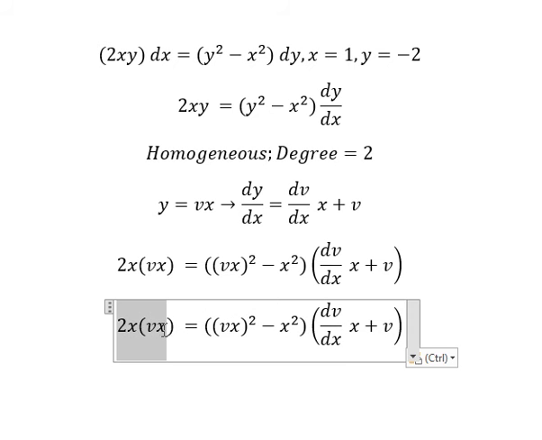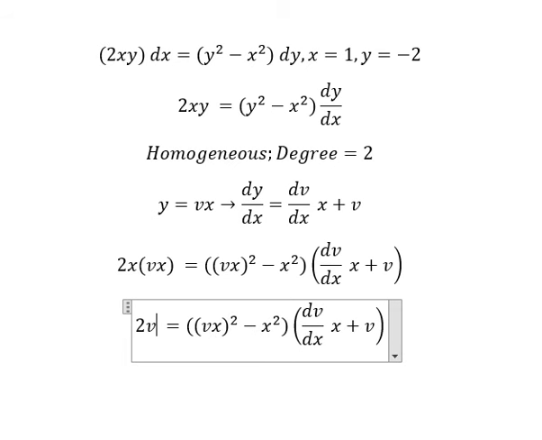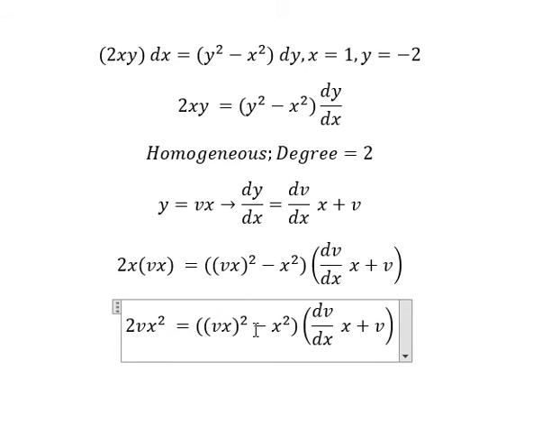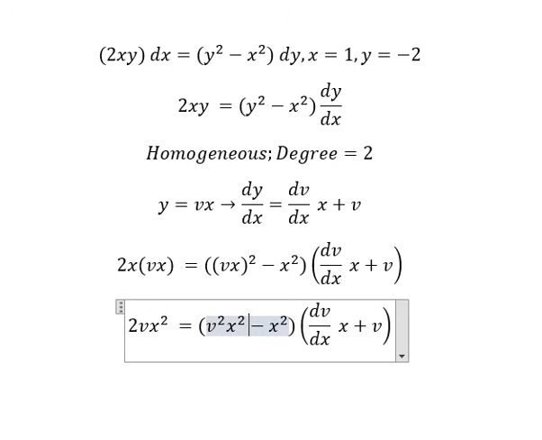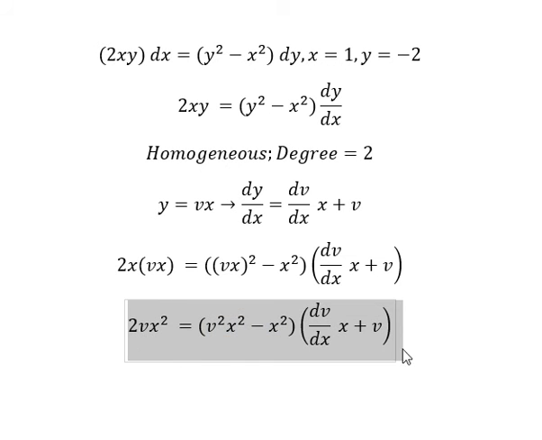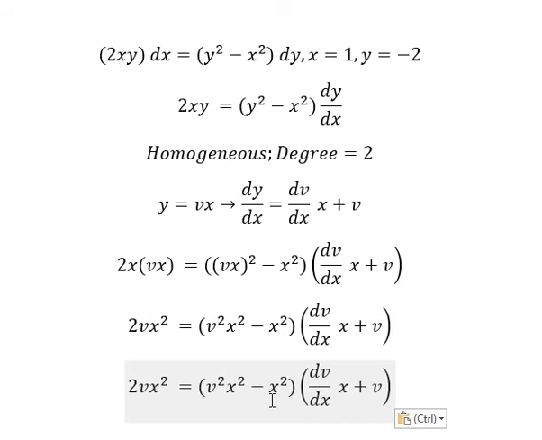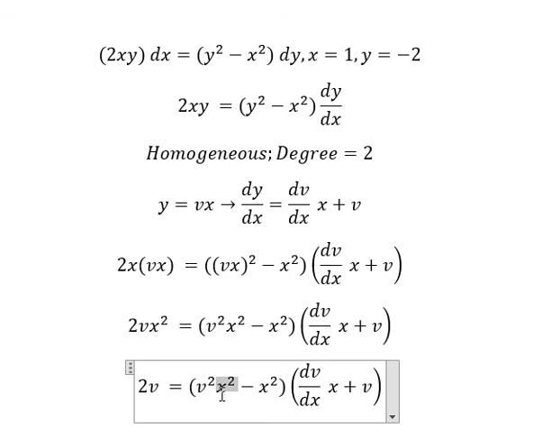So this one we have 2v x squared. This one we have v squared x squared. We see that we have x squared and x squared. We need to simplify for both sides.